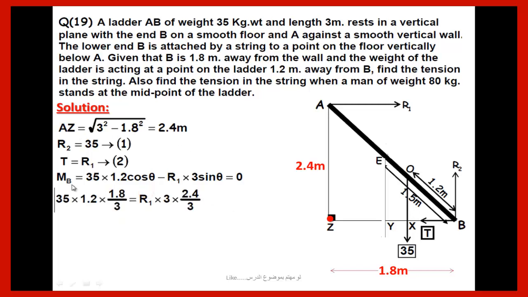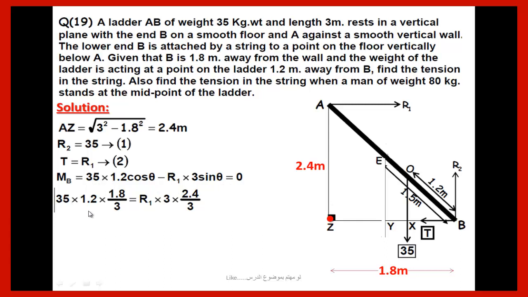So MB equals 35 multiplied by 1.2 cosine theta, where 1.2 is the distance from B, minus R1 multiplied by 3 sine theta equals 0.